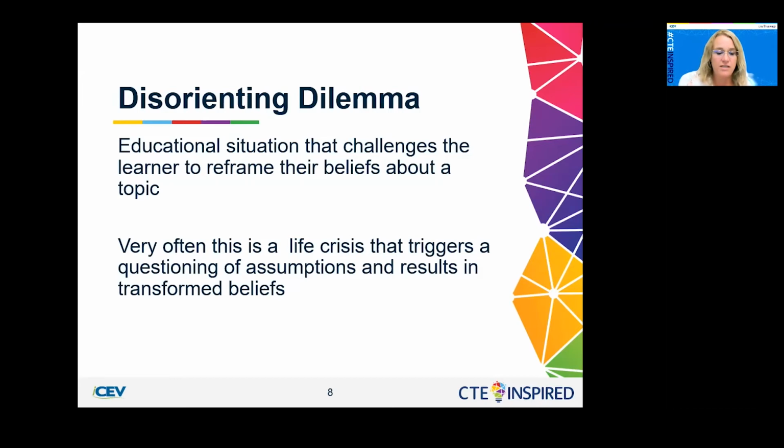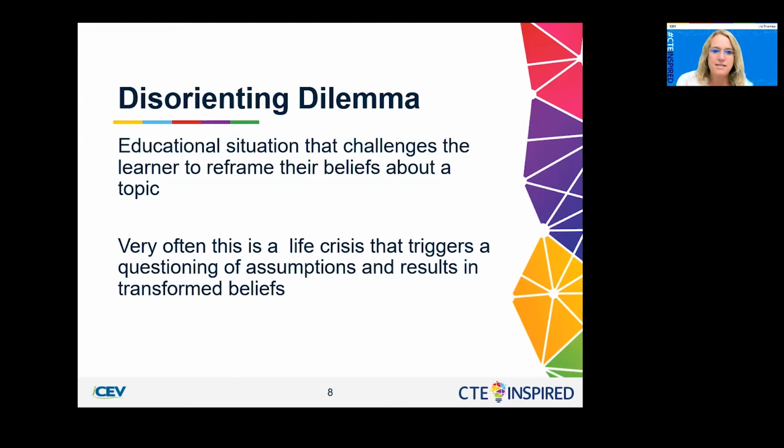Very often, it is a life crisis that triggers a questioning of your assumptions and results in transformed beliefs. So some examples of that might be loss of a job, divorce, death of a loved one, bankruptcy. And I like this one, returning to civilian life. So returning to civilian life might apply to people that are in the military or even paramilitary organizations like police and corrections.